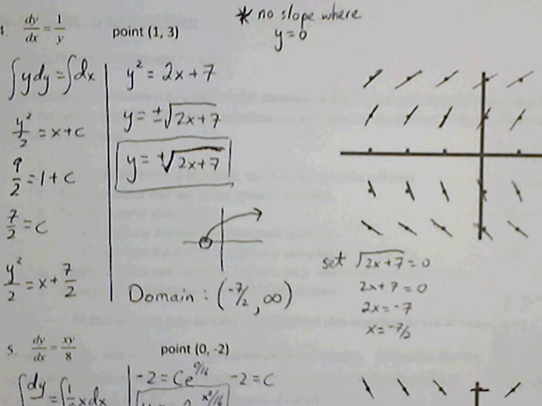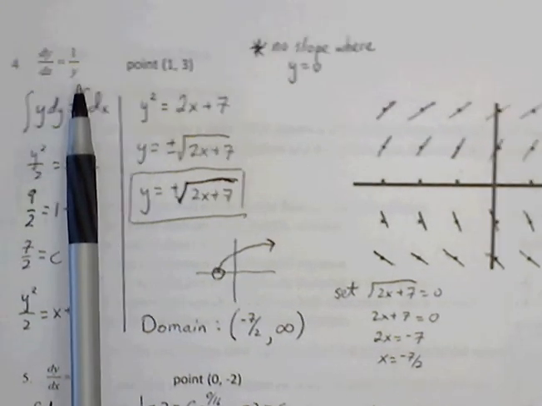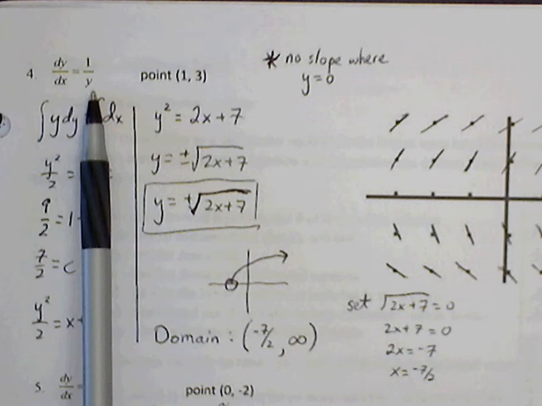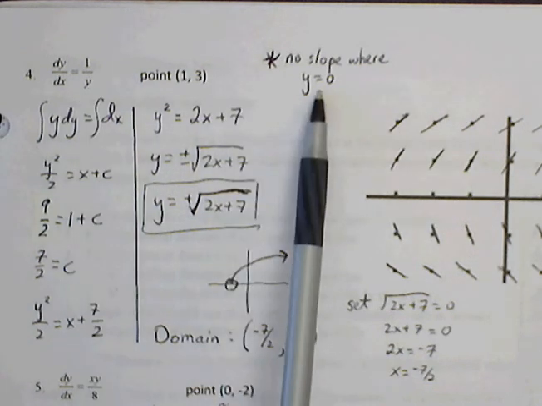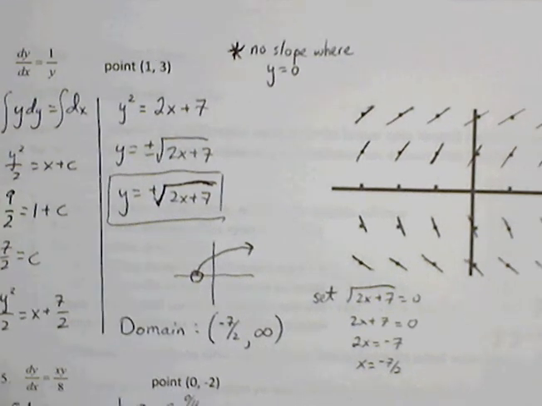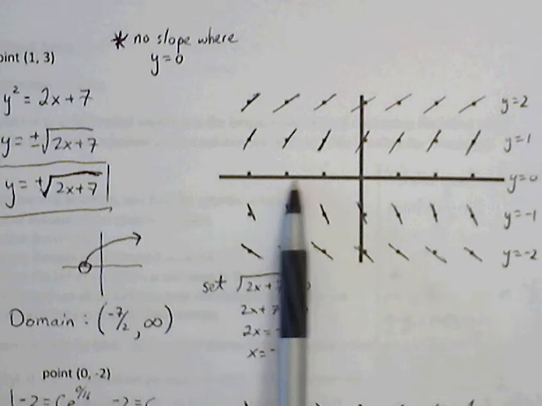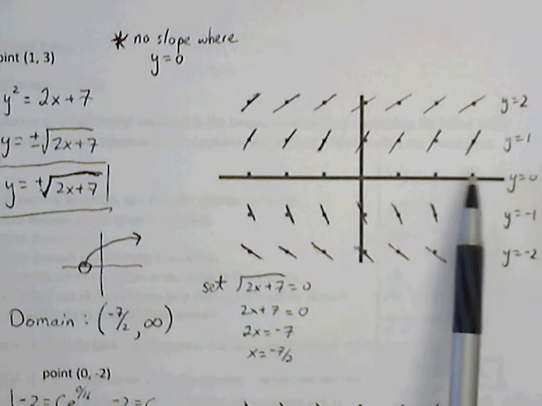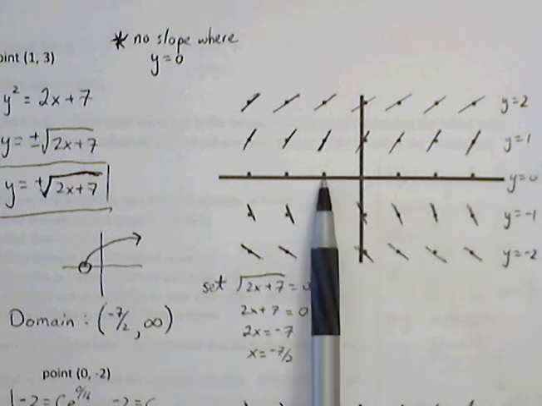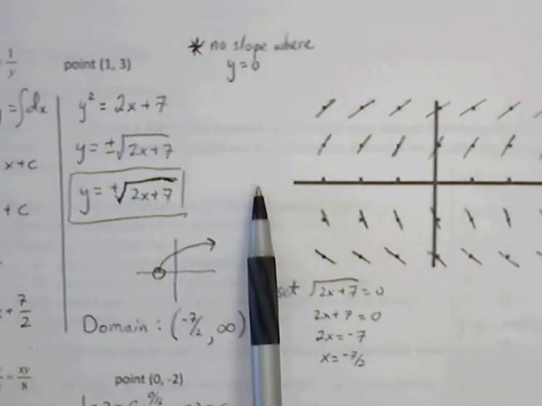This y value is sitting in the denominator. So we know that there's not going to be any slope where y is equal to 0. If you look at the graph here, y is equal to 0 on the x-axis. So we can pretty much leave all these ordered pairs blank because where y is 0, we're not going to get any real number with 1 over 0.